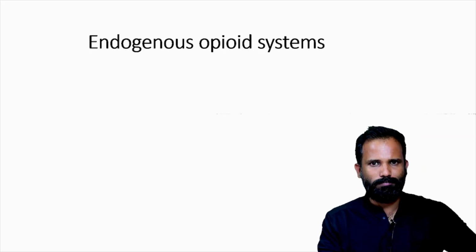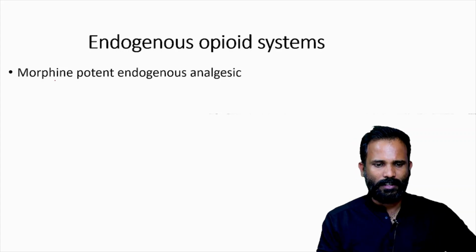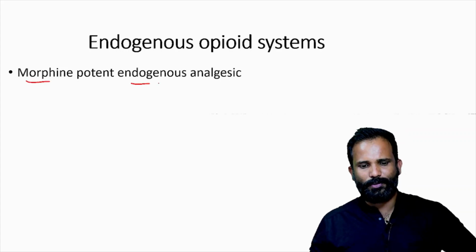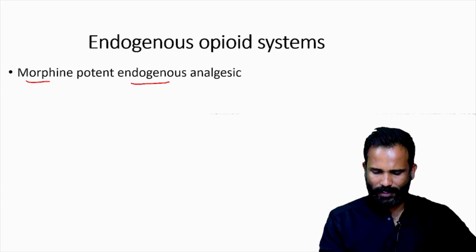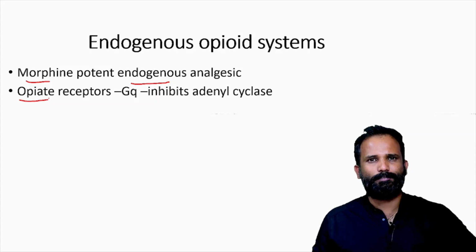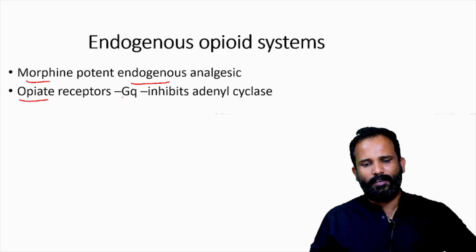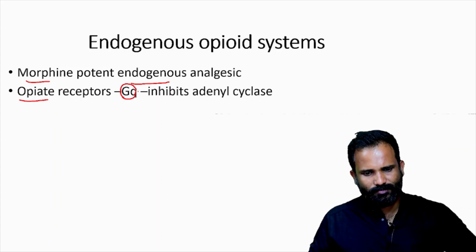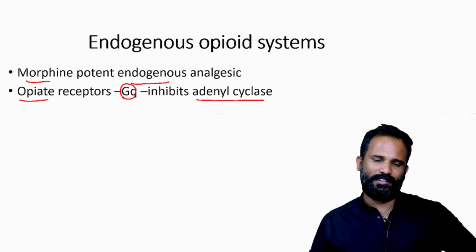We know that there is one potent analgesic, that is morphine, which is produced endogenously. So endogenous analgesic, morphine is the potent one. How does it act? Usually they bind to opiate receptors which act through a G protein coupled receptor, which activates the Gi subunit that inhibits adenyl cyclase.